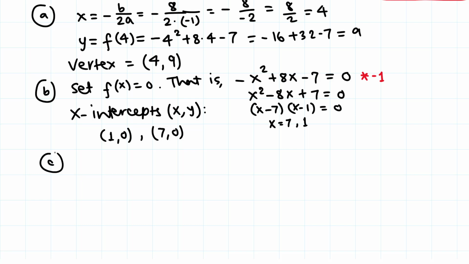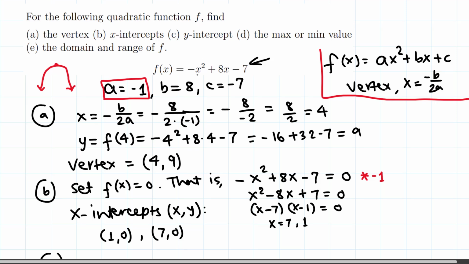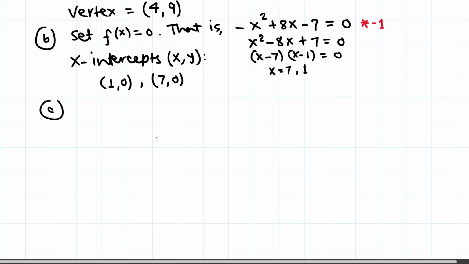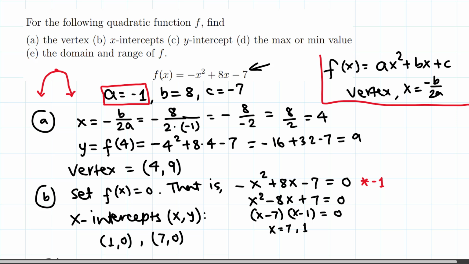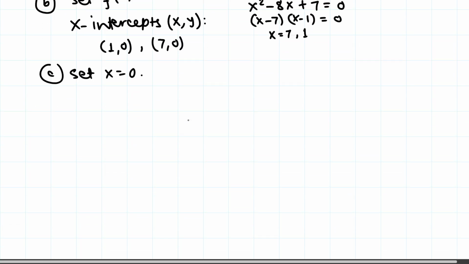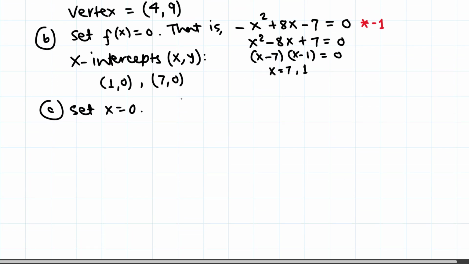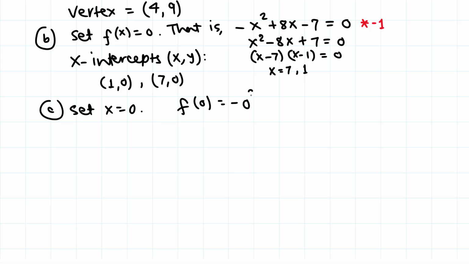In part C, we need to find the y-intercept. For the y-intercept we set x to 0. So go to the function and set x to 0. f of 0 is negative 0 squared plus 8 times 0 minus 7.